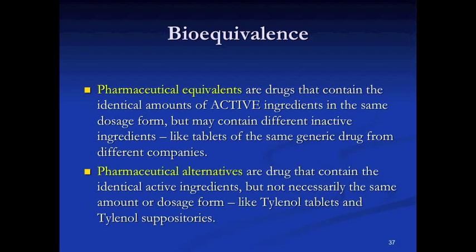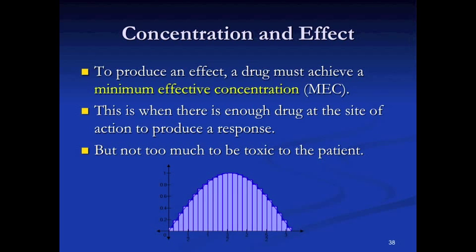Pharmaceutical alternatives are drug products that contain the same active ingredient but not necessarily the same salt form, amount, or dosage form. One example of this is metoprolol tartrate versus metoprolol succinate XL. We have actually already covered slides 38 through 40. They are in the slideshow for your reference.